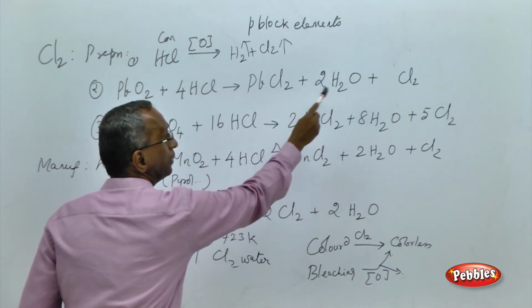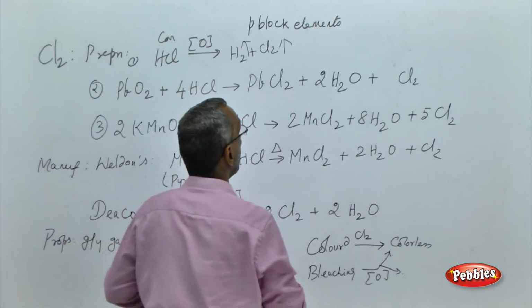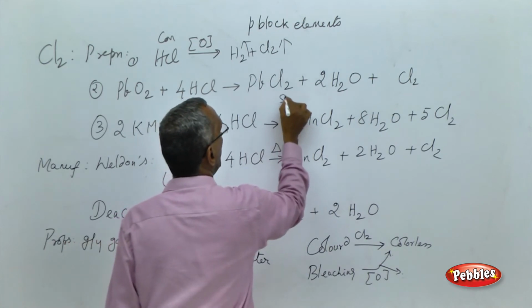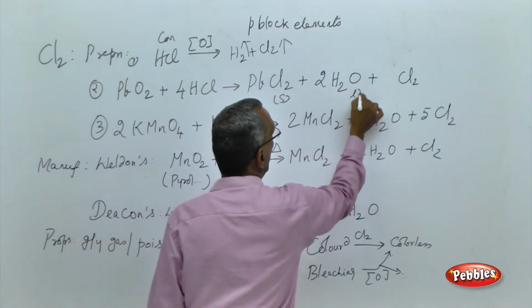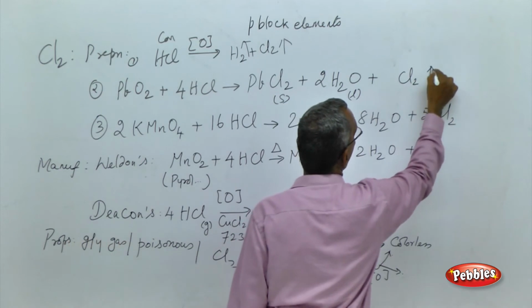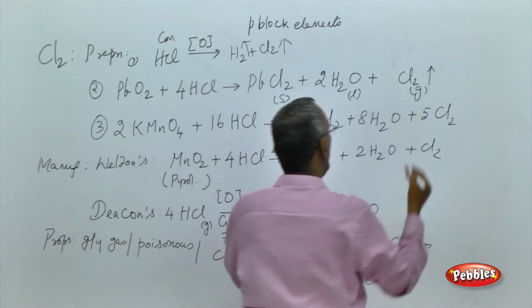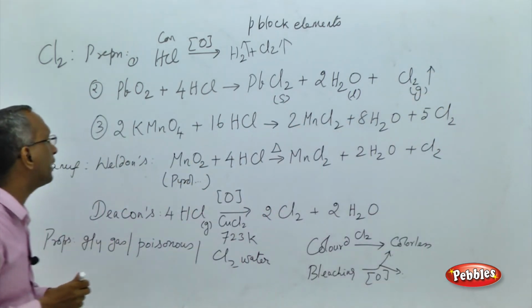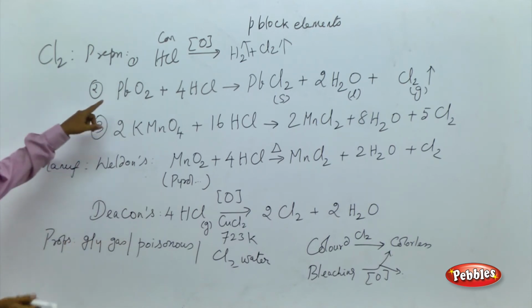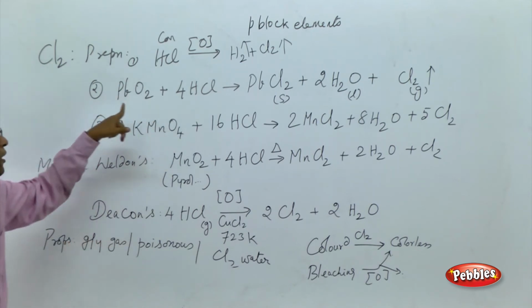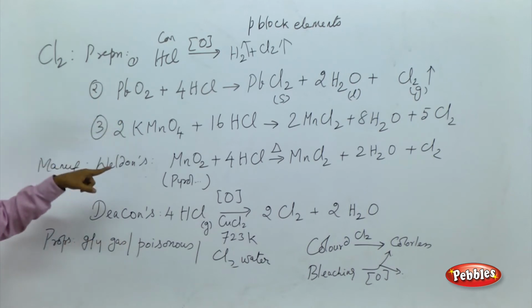Water is the liquid and chlorine evolves. So lead chloride is a solid, H2O is a liquid and chlorine evolves as a gas. In every case chlorine evolves as a gas. So this is by the action of hydrochloric acid on lead dioxide.